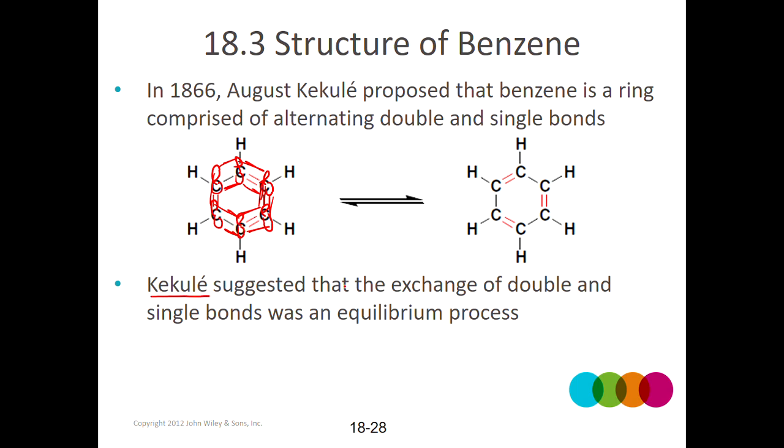He thought it would be an equilibrium. The idea of resonance did not exist at the time. So we know it's not an equilibrium, we know it's resonance. So we've learned a lot since the 1800s, especially in chemistry. So much.